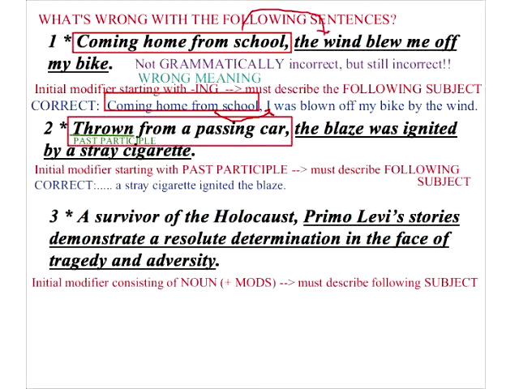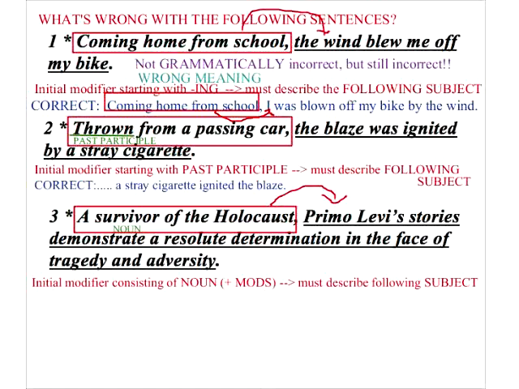So this is just a noun, "a survivor," and then "of the Holocaust" is a modifier. So this is basically just a noun. When you have a modifier like this, whether you like it or not, you have to be talking about the subject that's here. Now, the thing to notice is that some people think that "Primo Levi's" is good enough.